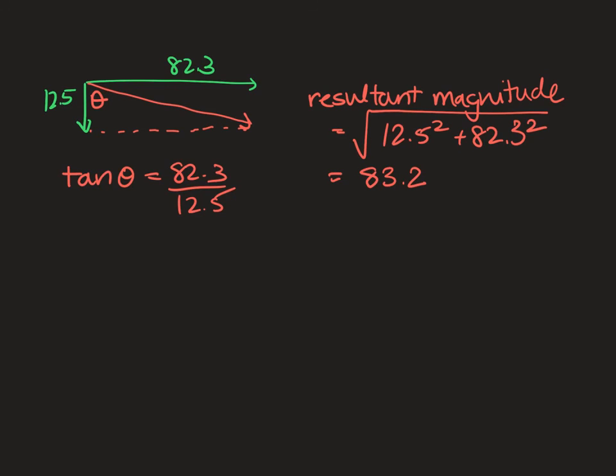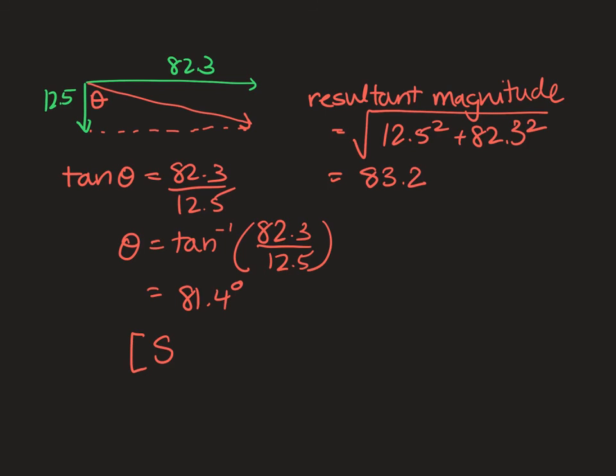So here we have tan theta with my opposite over the adjacent. I'm going to put that in my calculator, and remember we're going to need to tan inverse or arctan both sides. And when I do this, I'm going to get 81.4 degrees. So if I want to write this in proper notation, that means I'm talking about [south, 81 degrees east]. Hope that helps you solve these problems.